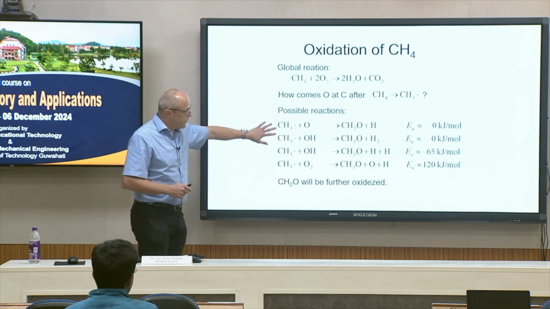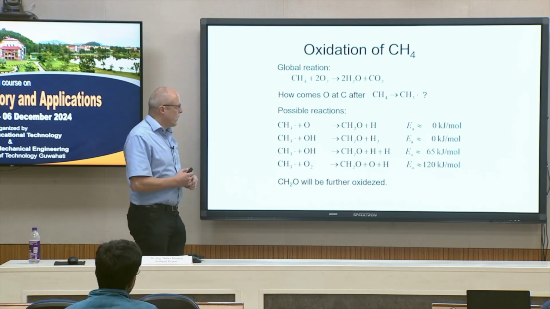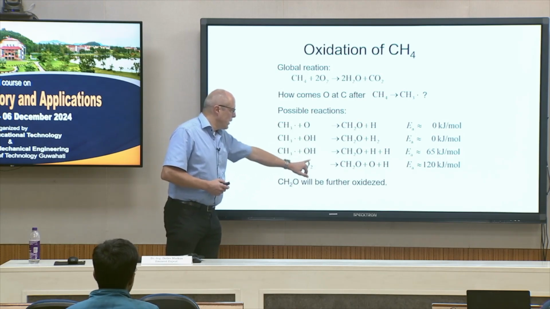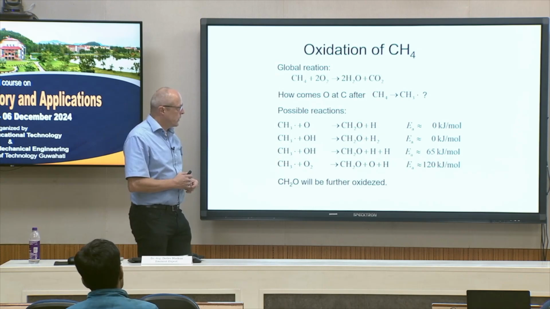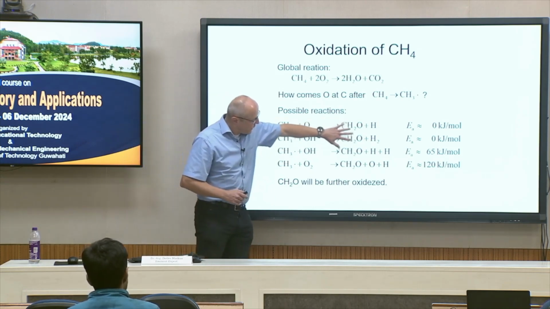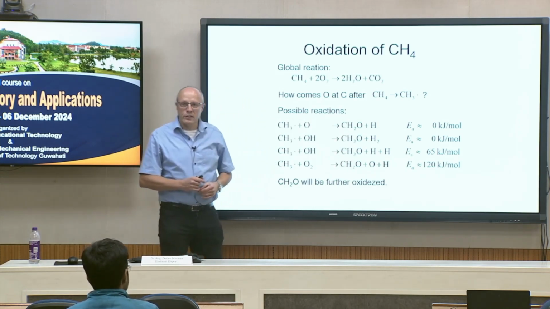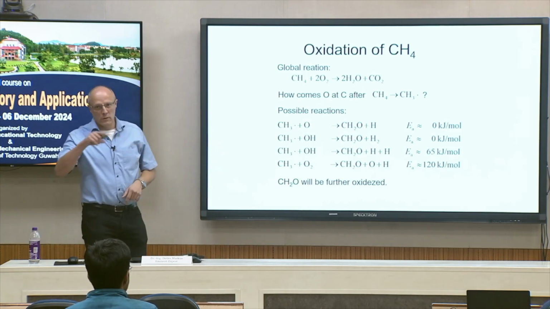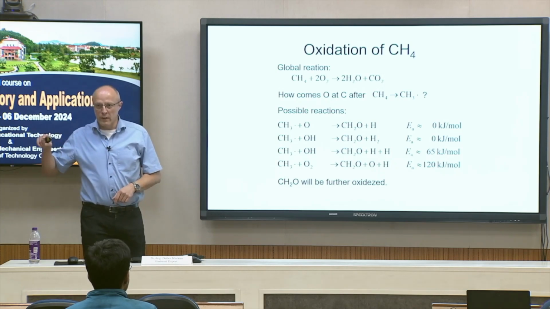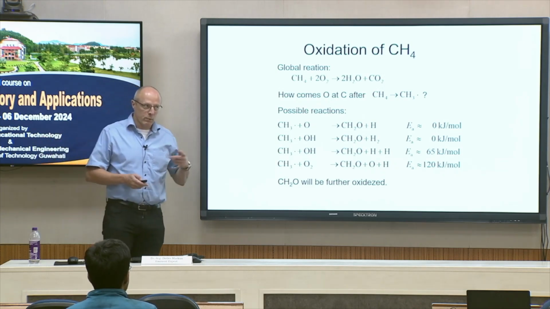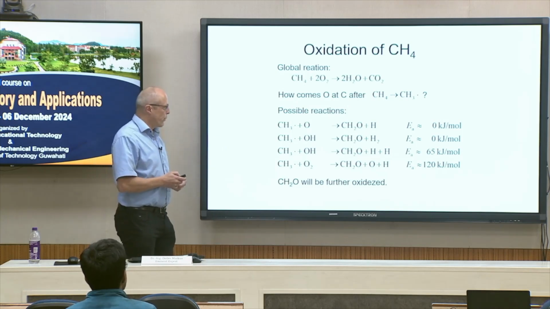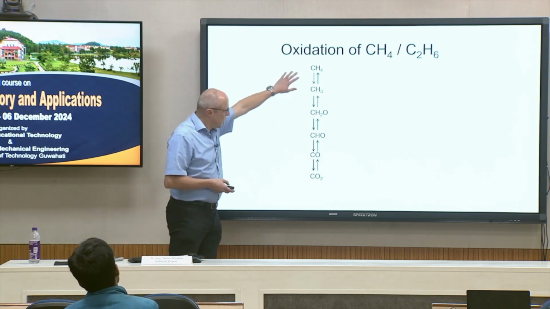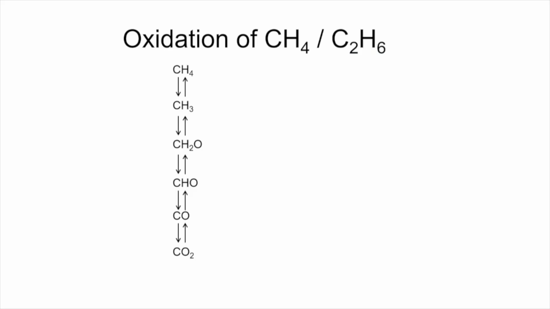Here we see some possible reactions, with O radicals, with OH radicals, and again with O2. And what you see, the end product here in this case is always formaldehyde. So when we start with CH4, we can yield formaldehyde, then we yield carbon monoxide, and finally we will yield carbon dioxide. So it's more or less a simple pathway.